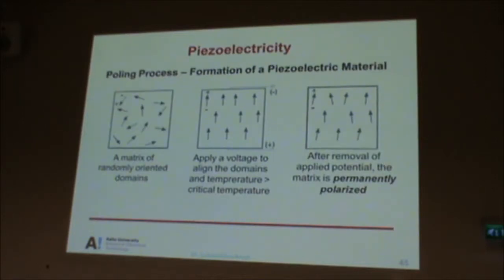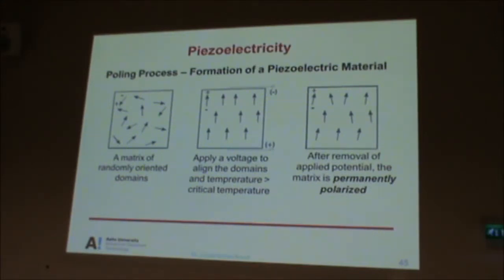Now, if you take a material with randomly oriented domains, and then you apply an external voltage, as I mentioned before, that produces an electric field and that aligns the dipole moments.